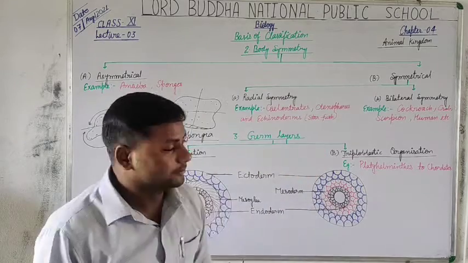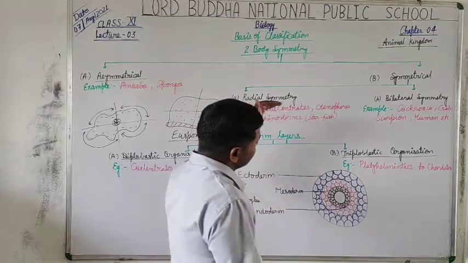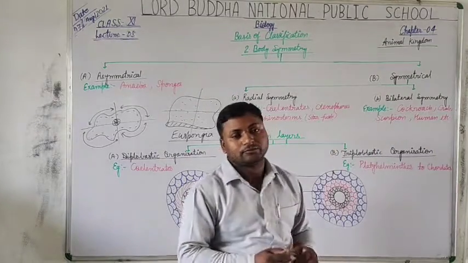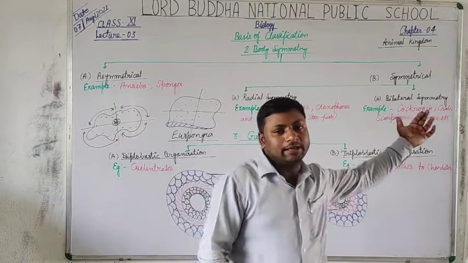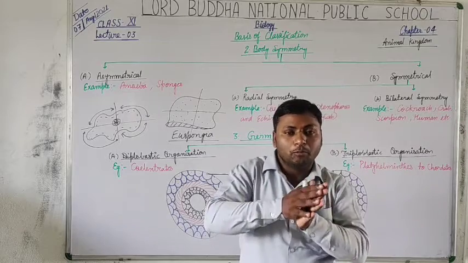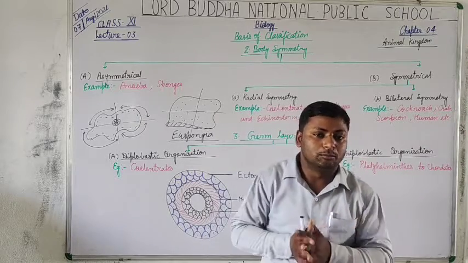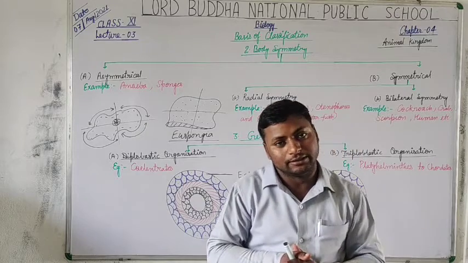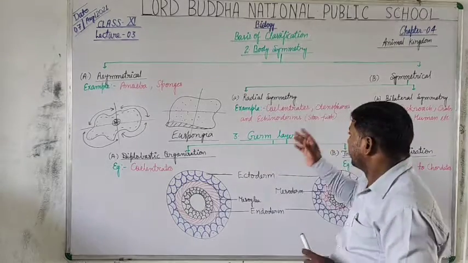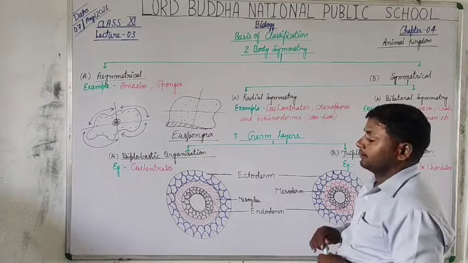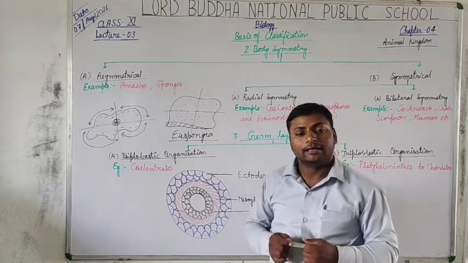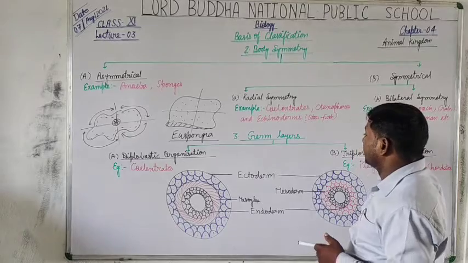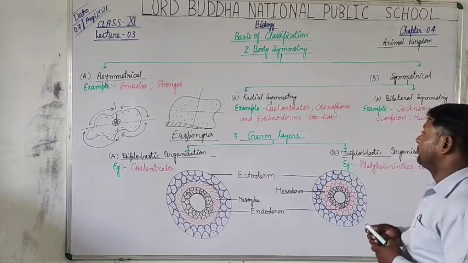Is that clear? Now students, the next one is symmetrical. It includes animals whose body can be divided into two or more equal halves on any plane. The symmetrical type of body organization is further divided into two parts.